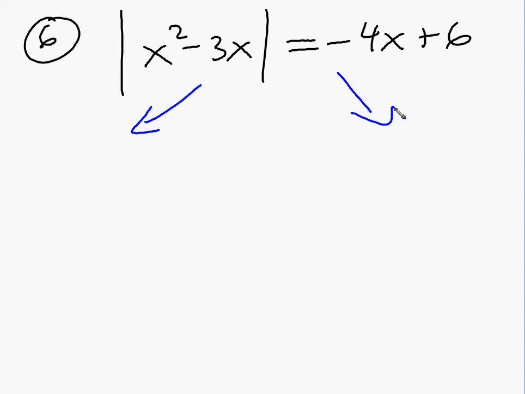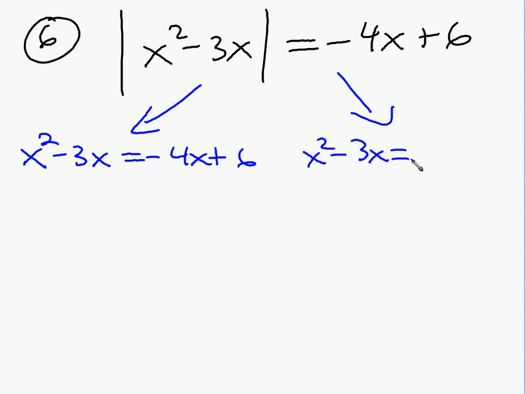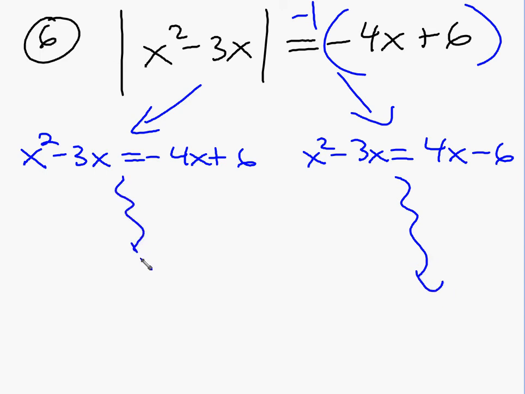So you're going to say x squared minus 3x equals negative 4x plus 6. You set it up the way it is, and then you set it up with x squared minus 3x equal to this thing times negative 1. So this would become 4x minus 6. And then you're going to solve both of them.